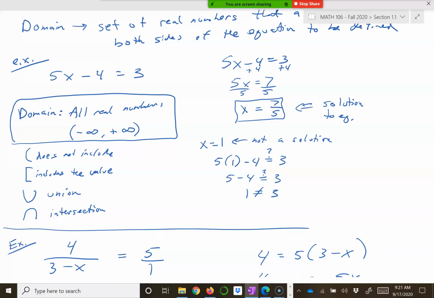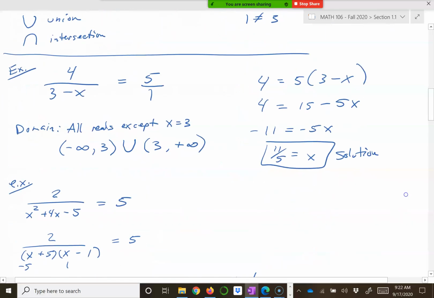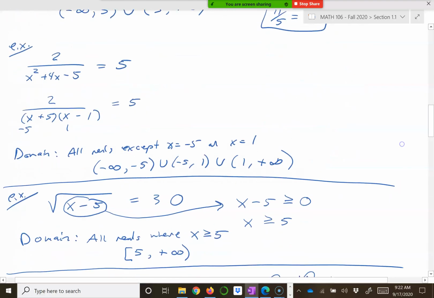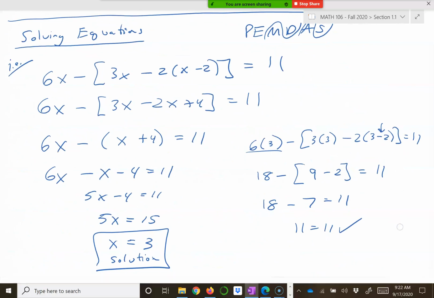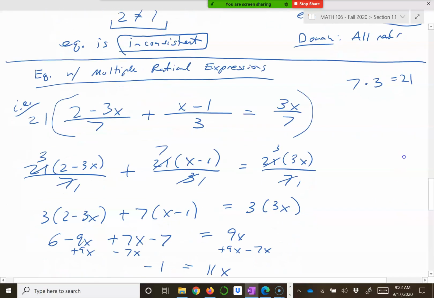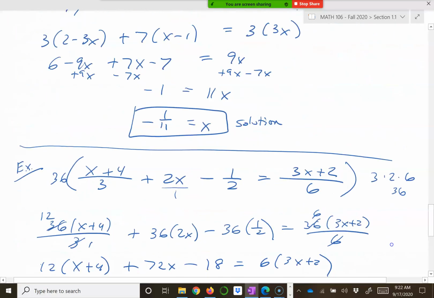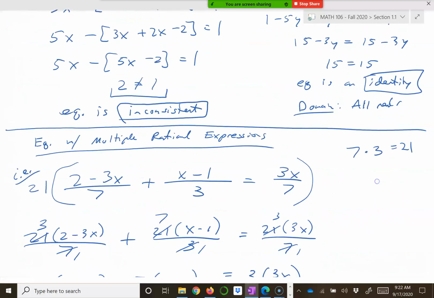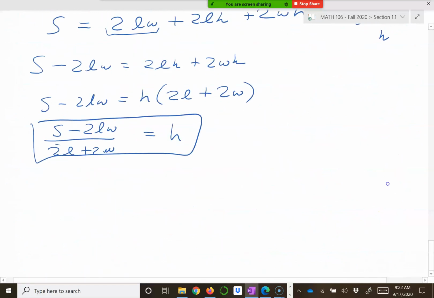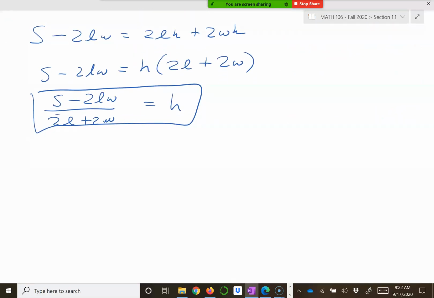You could have ones that are all real numbers, ones with rational expressions where maybe one value doesn't satisfy the domain. We solved equations, and that process was the same from here in the notes all the way down to the bottom. And then we just had a few definitions about equations that are either inconsistent or identity. So there's really not much going on in this section, and a lot of it was probably a review.